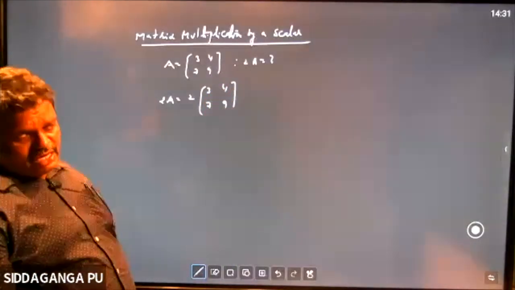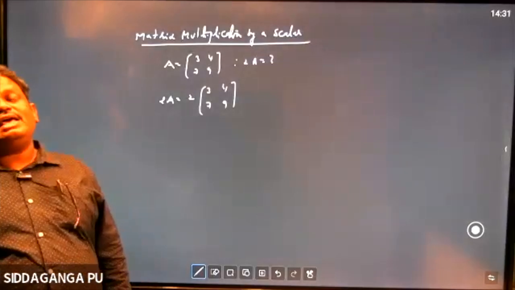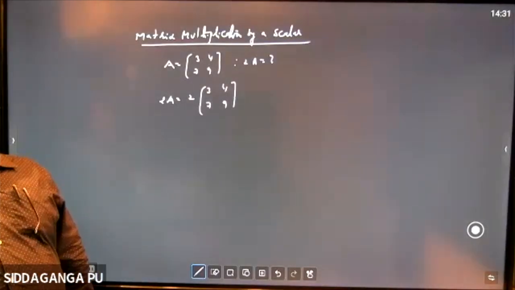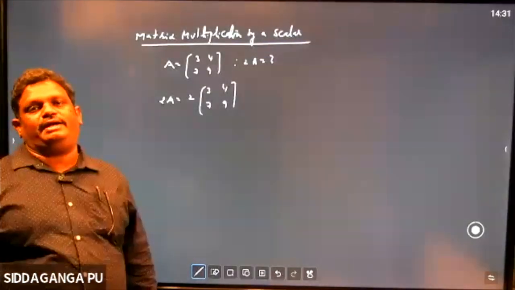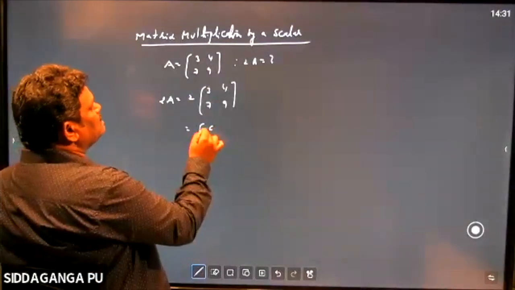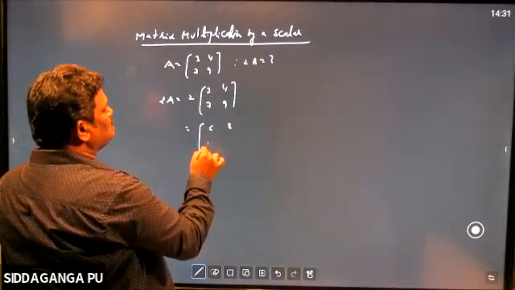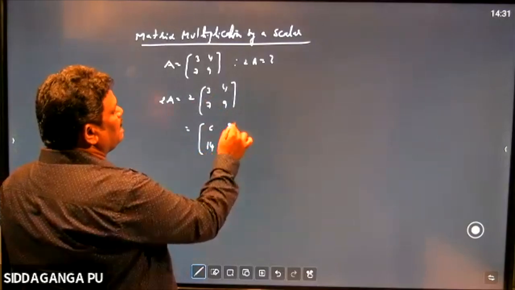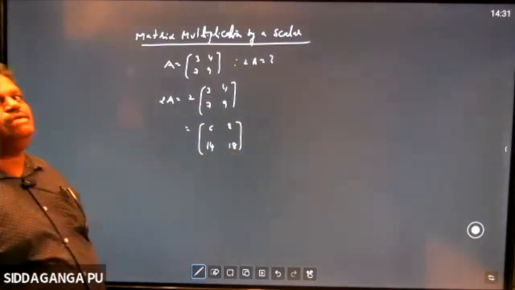Whenever it is scalar multiplication, that number is multiplied with each and every number in the given matrix. Now we get 2 times 3 is 6, 2 fours are 8, 2 sevens are 14, 2 nines are 18. So this is the resulting matrix.